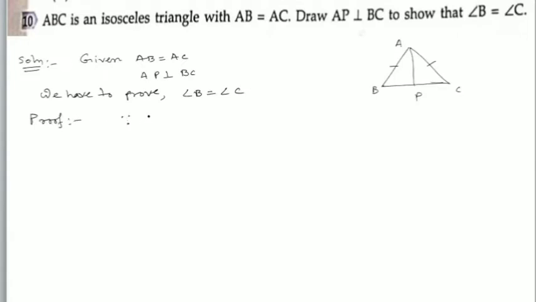Since AP perpendicular to BC, therefore triangle APB and triangle ACP are right angled triangles.